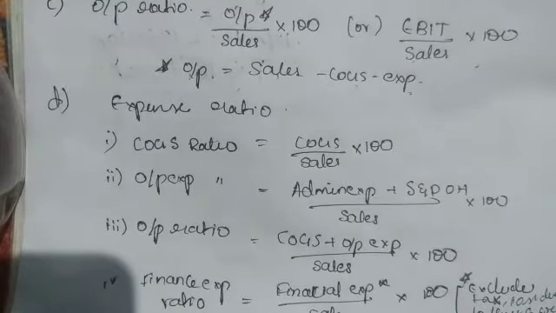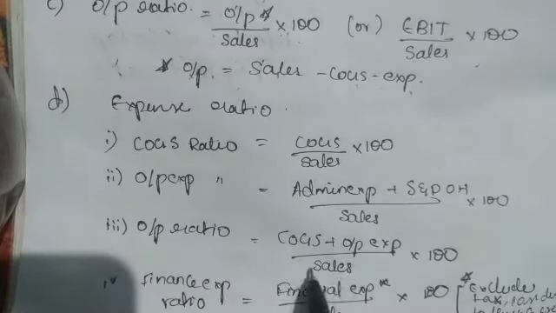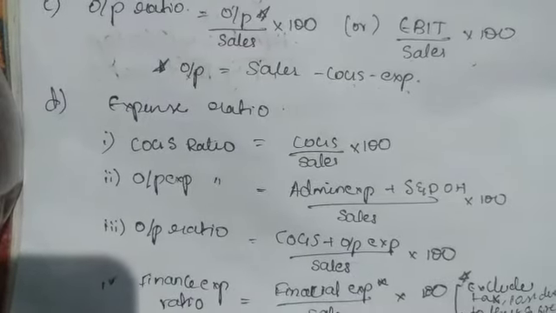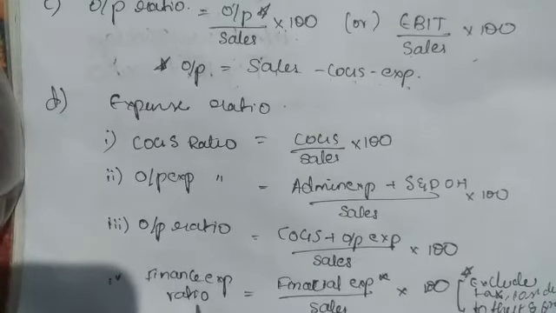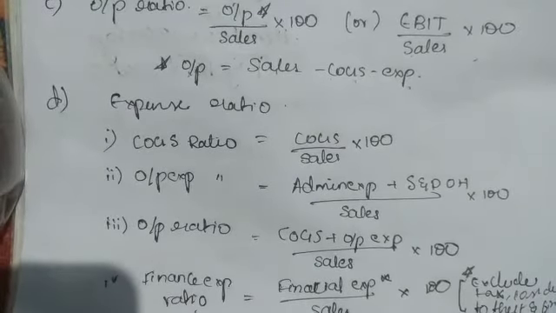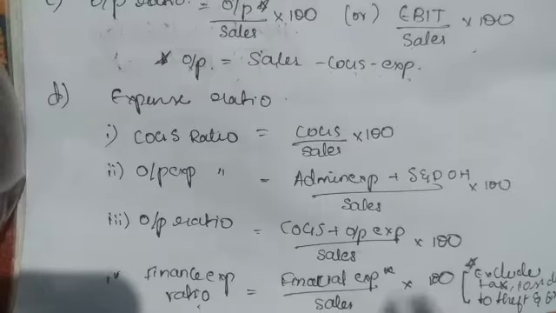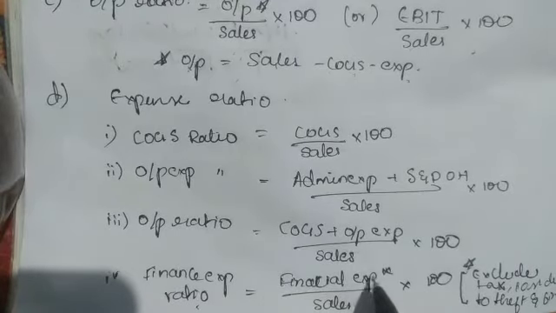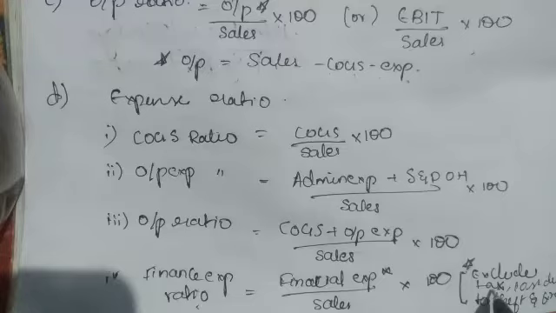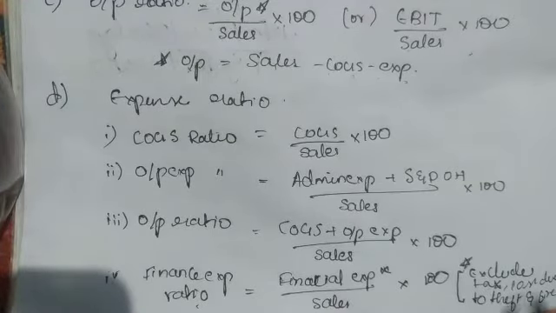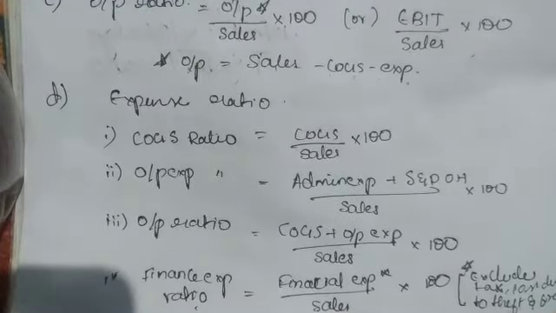Next is operating ratio, COGS plus operating expense divided by sales into 100. Finance expense ratio, financial expenses divided by sales into 100. So this financial expense excludes the tax, loss due to theft, and goods destroyed by fire.